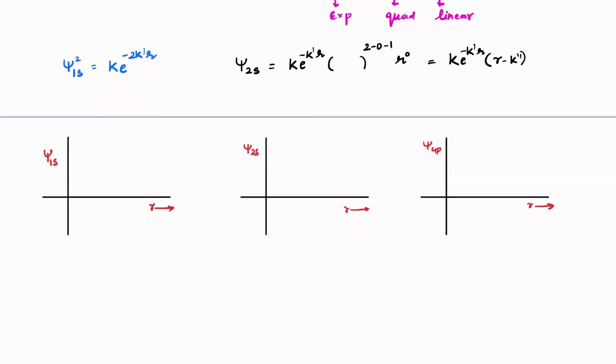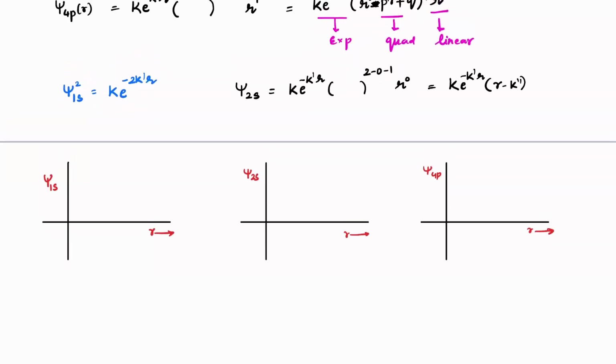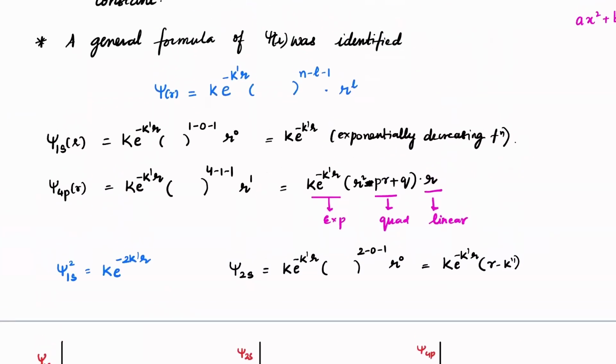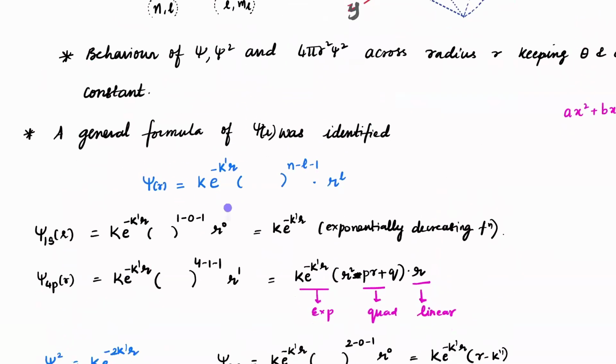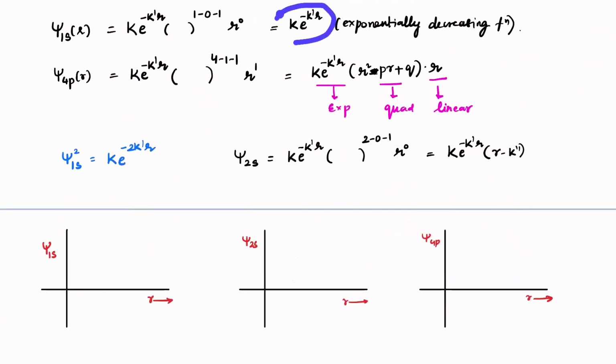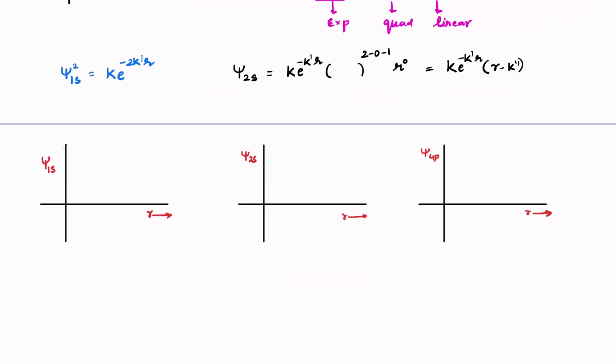Correct? Now notice something here. When it comes to psi of 1s, we found only a simple exponentially decreasing function. So if it is an exponentially decreasing function, I'm sure you may have learned in graphs that it will start like this and goes this way, asymptotic.